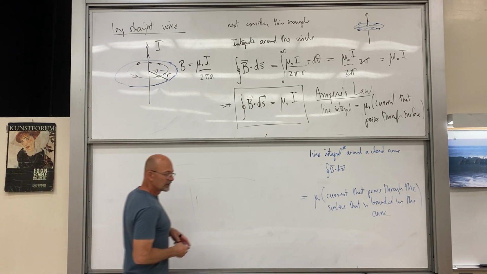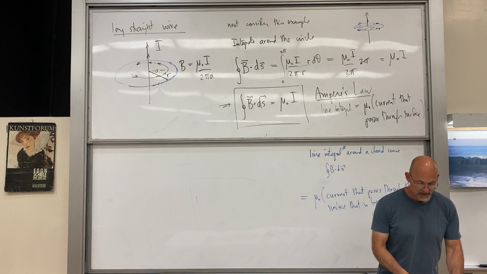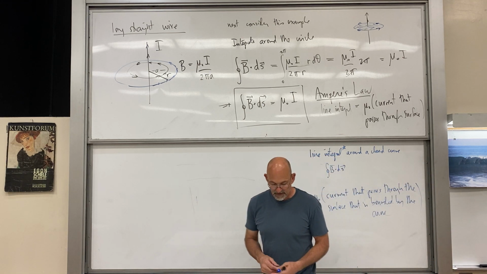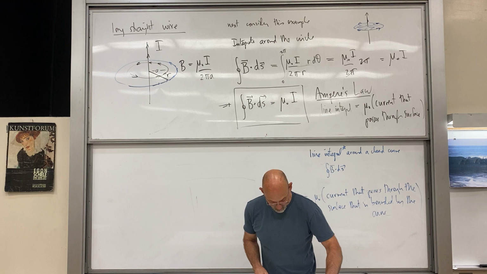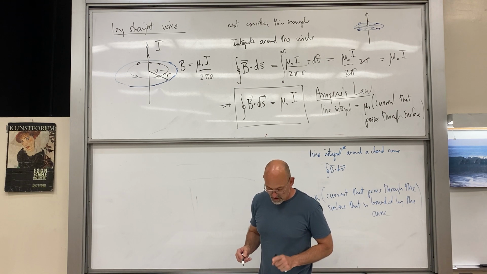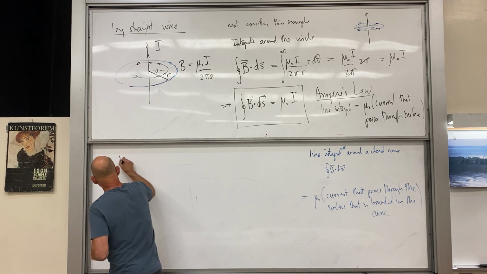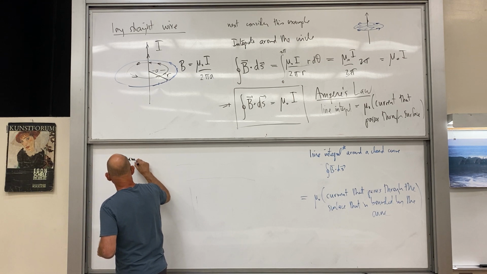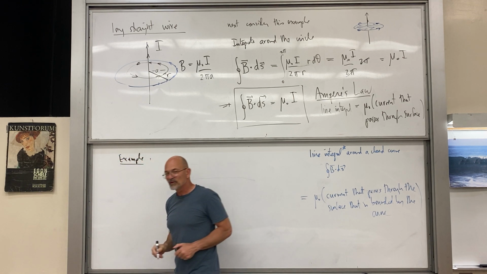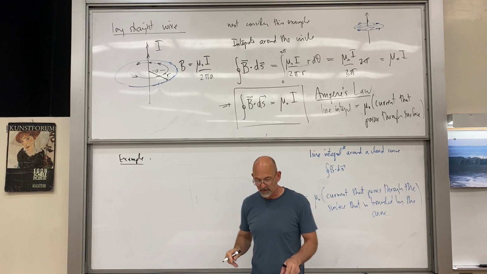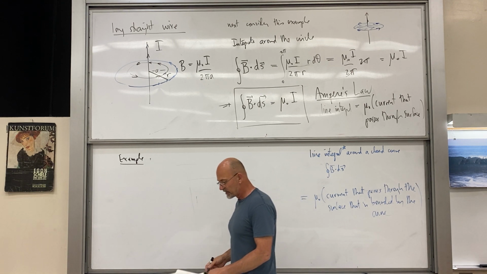So next we're going to do a slightly more advanced example here. So the example I'm going to do is going to remind us of the Gauss's law work we did with the electric field some time ago.